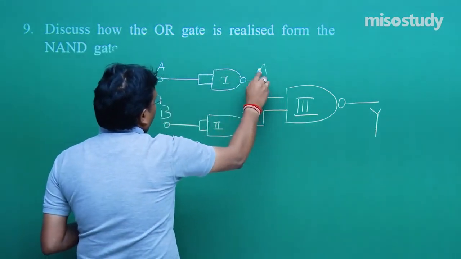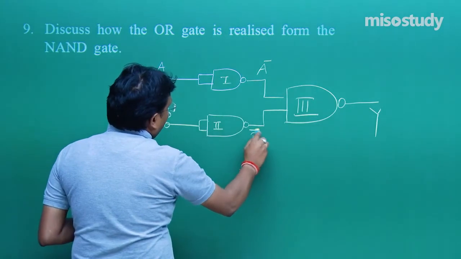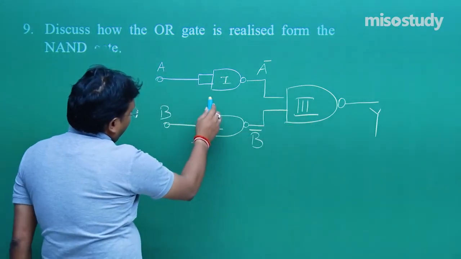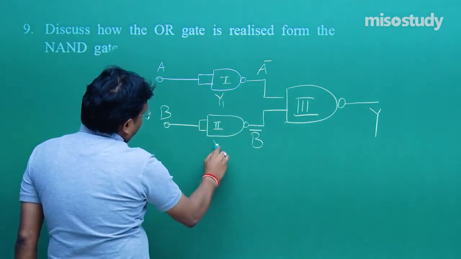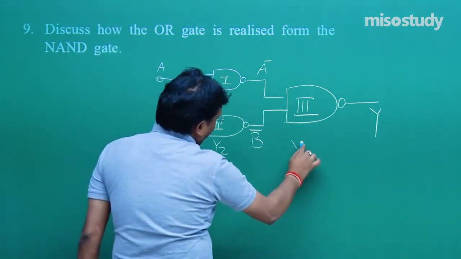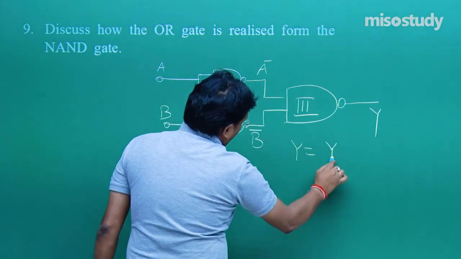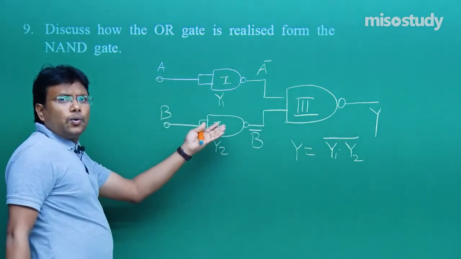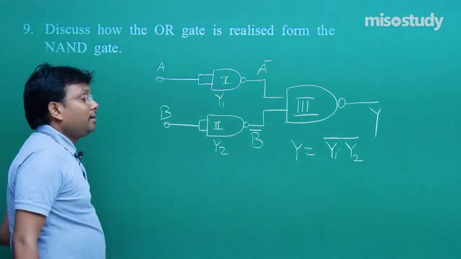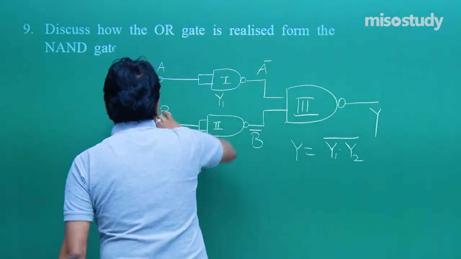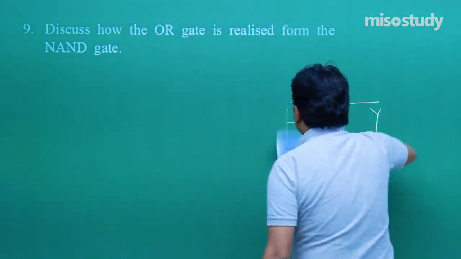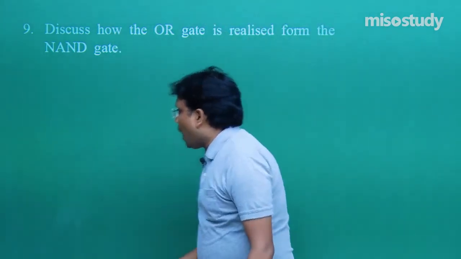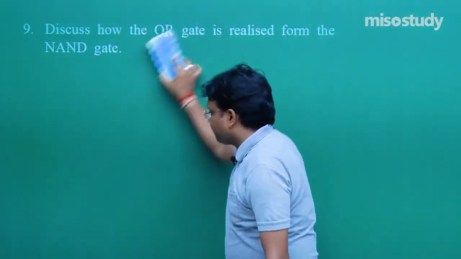Here you will get A bar, here you will get B bar, and the NAND of A bar and B bar over there. Let us say this is Y1, this is Y2. So, Y is going to be what? Y1 dot Y2 bar, and then you can provide the answer. This way you can find the solution of these types of logic gate questions. These are very simple provided you have better practice.